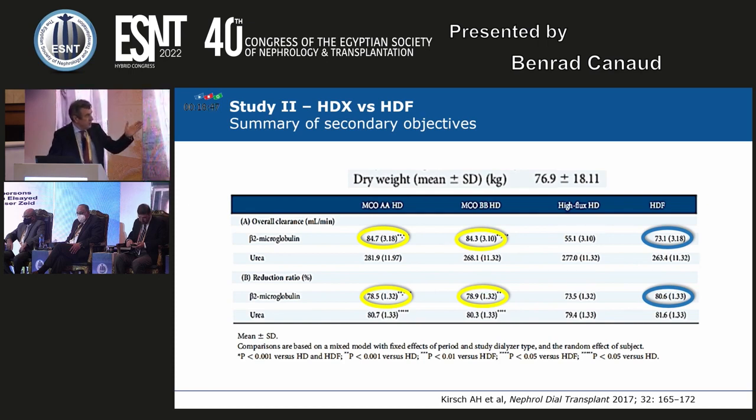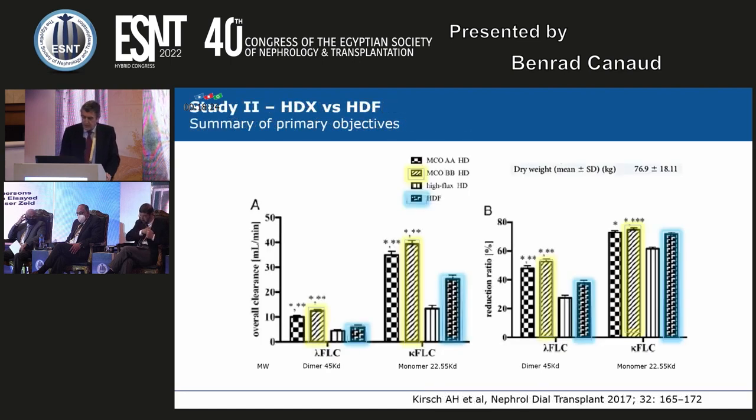You see that we can achieve almost the same percent reduction, meaning that at the end, the membrane does as well as the hemodiafiltration. Same for the reduction rate or the overall clearances. So you can say, just looking at this study, that in terms of performances we are very close in terms of efficacy.